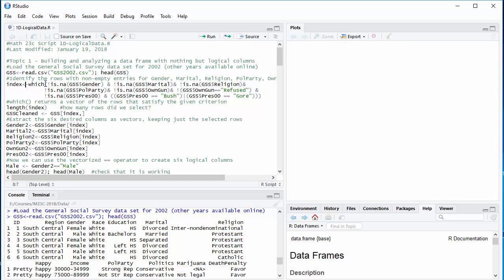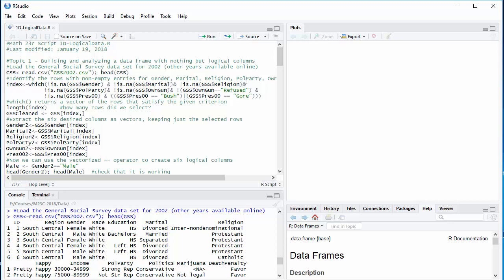Which is a wonderful operation in R. What it does is it looks at a vector and selects from that vector the indices of all the rows for which the value is true. So all the rows that meet our criterion will be in index.